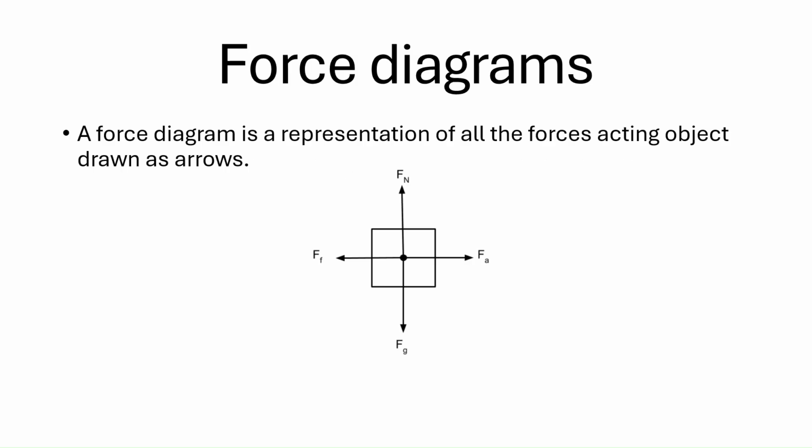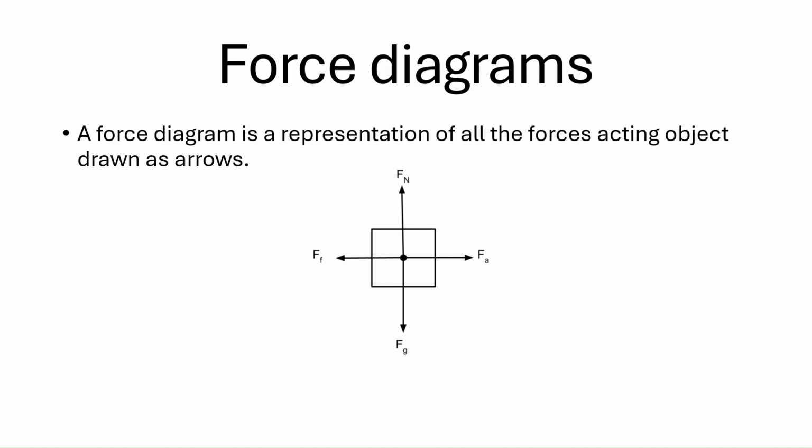Let's get into it. The first diagram that I'm going to be describing to you guys today is a force diagram. So let's read the definition. And guys, this definition is from the CAPS document, and you need to know a force diagram by this definition specifically.